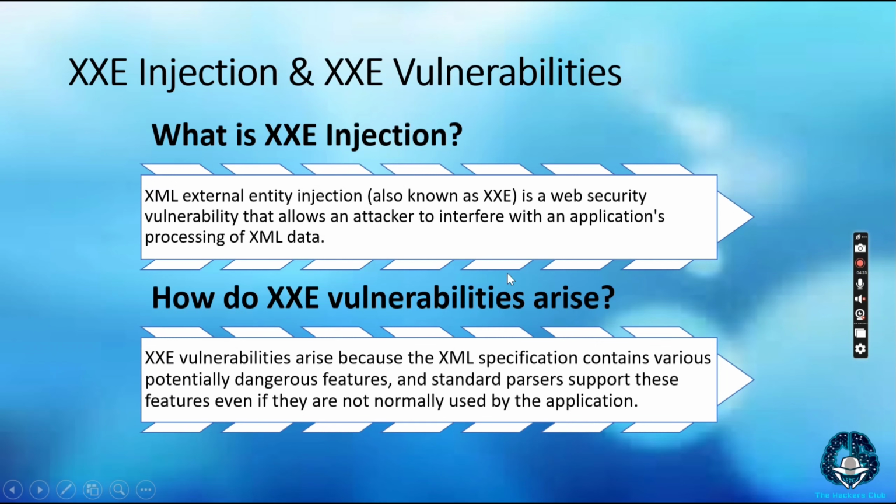If the XML parser does not properly check the external entities, a hacker can pass malicious payloads which can do bad things to the web application, such as revealing the contents of server files and running system commands, and much more. So if XML is not properly handled, it can lead to vulnerabilities in applications.